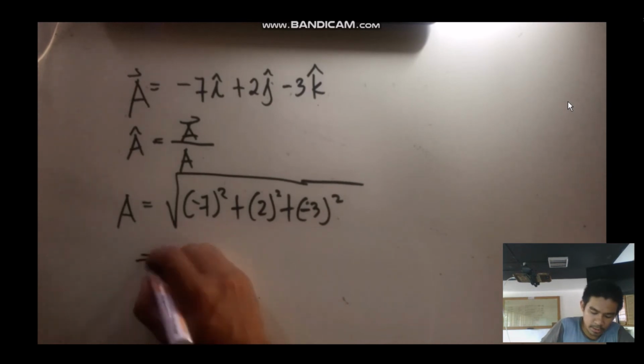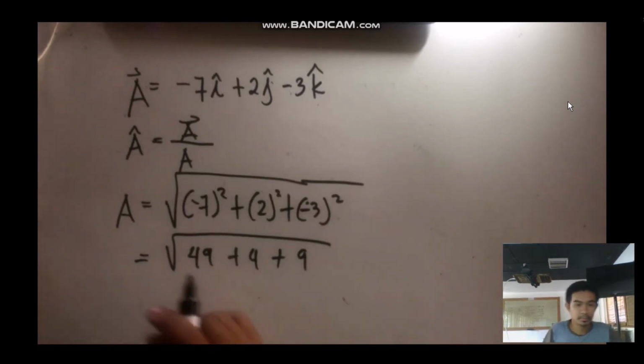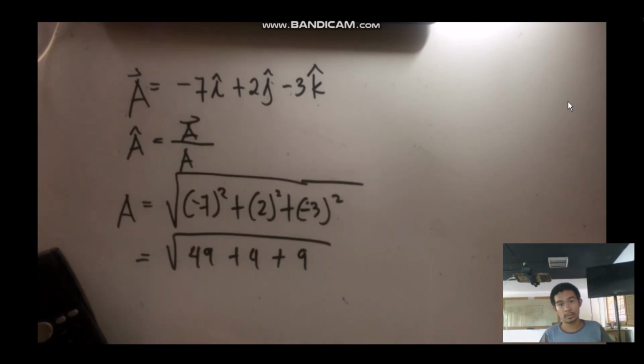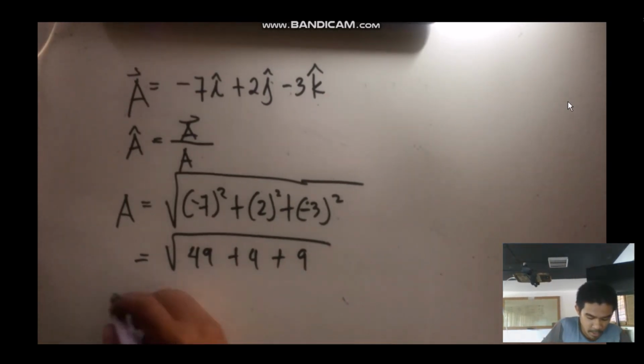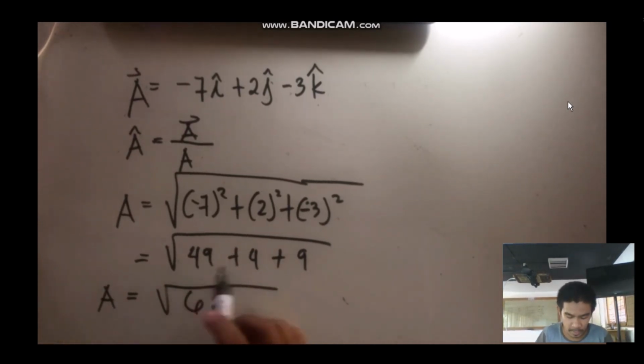That is the square root of 49 plus 4 plus 9. 49 plus 4 is 53, plus 9 is 62.